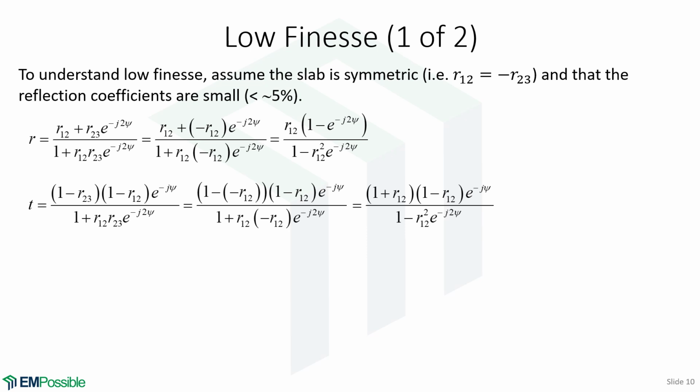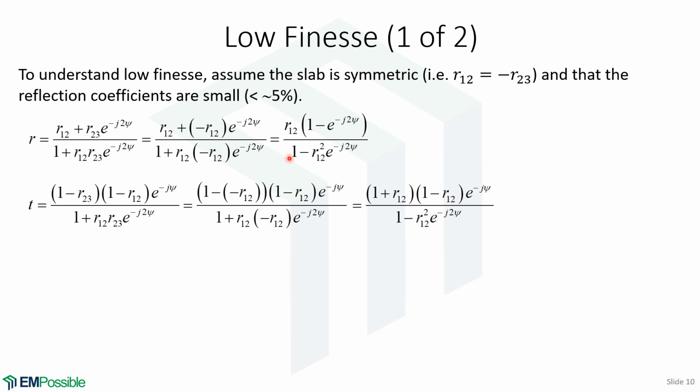Now let's look at what's in the denominator. We have a 1 minus something. Well, this complex exponential, we can kind of think of that as just being on the order of 1. But this reflection coefficient is squared, is multiplying that. This is already pretty small. We can think of this as being like 0.01 or 0.05, somewhere around there. So when we square it, it becomes a 0.00 and maybe even a third zero there.